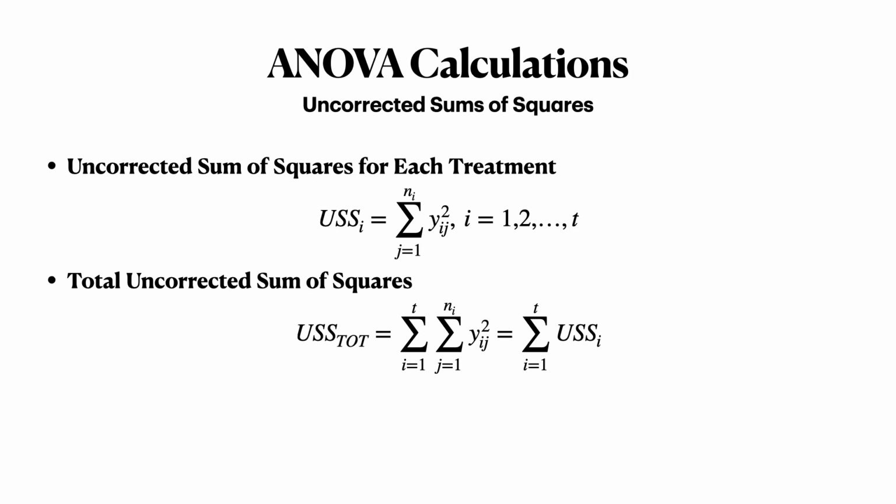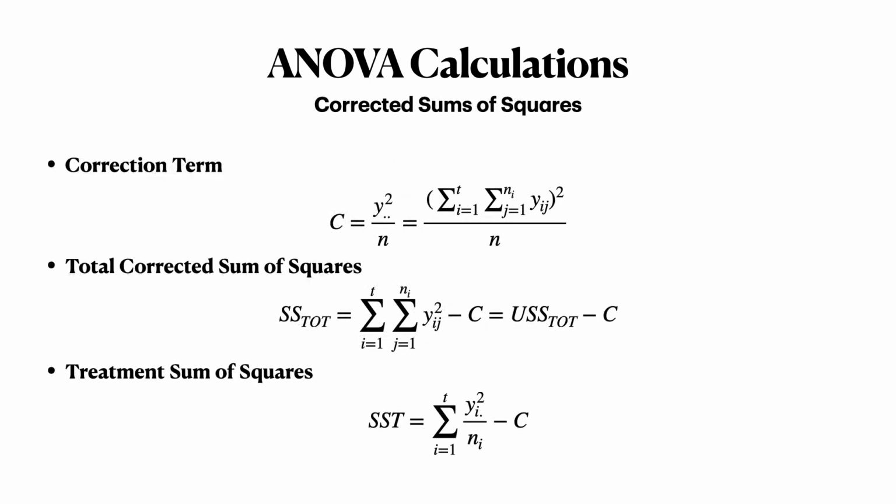Next, we need the total uncorrected sum of squares. We will denote this by USS sub tot. And we can calculate this in a couple ways. If we have calculated the uncorrected sum of squares, so the USS sub i's, then we can just add those up, and that will give us the total uncorrected sum of squares.